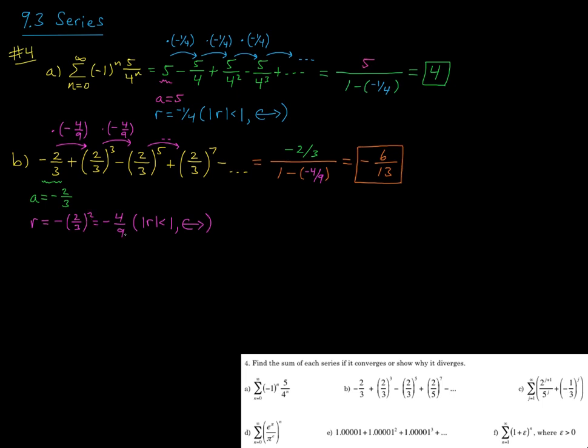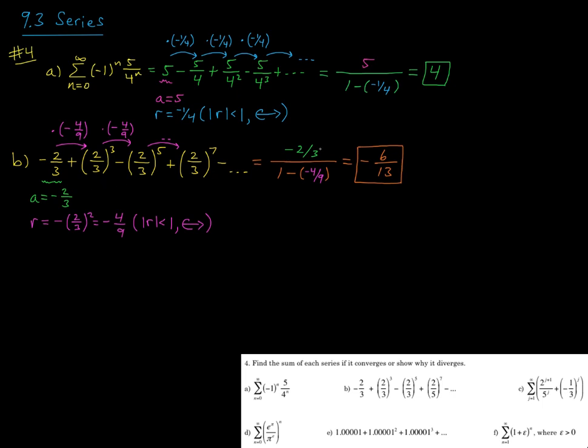So in other words, -4/9. The negative is needed to alternate the sign and the square because, again, the exponent's going up by 2 from term to term. And since r is strictly less than 1 in absolute value again, right, this is a convergent geometric series, and the first term, a, is -2/3.